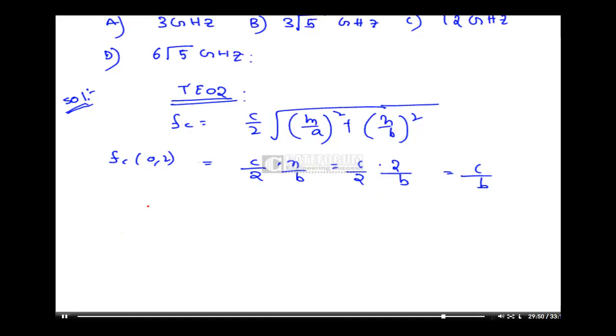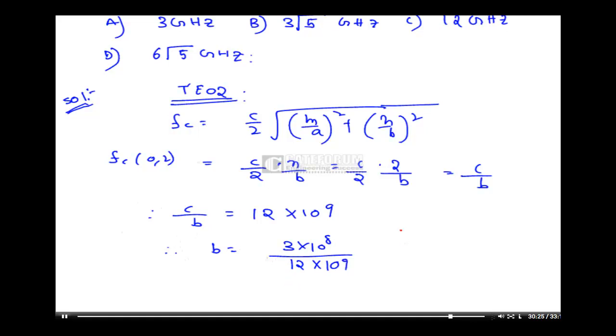But the cutoff frequency is given as 12 GHz. Therefore, C by B is equal to 12 GHz, that is 12 into 10 power 9. Now, C is equal to 3 into 10 power 8 meters per second. Therefore, B is equal to 3 into 10 power 8 by 12 into 10 power 9.